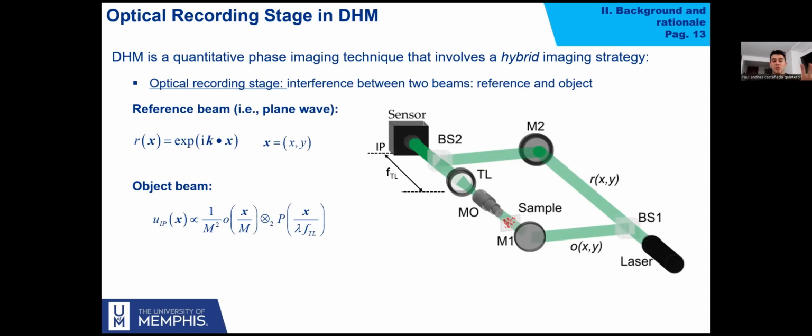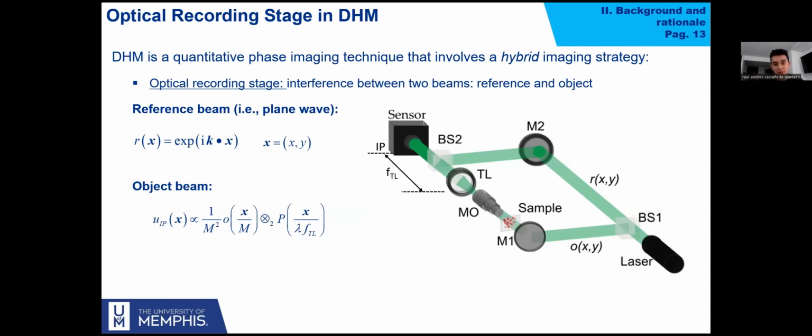The interferometer is composed of different optical elements like a laser, mirrors, beam splitters, a digital camera, a microscope objective, and a tube lens. These last two elements compose the optical imaging system.